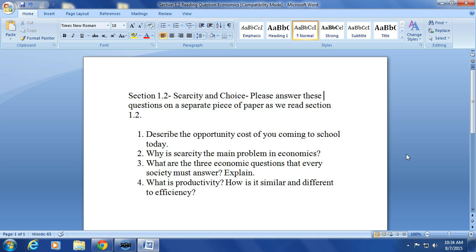Let me give you a real life example. When I was maybe 19 or 20 years old, I decided to whitewater raft down the Colorado River. Totally fun, but it created a scenario in which I figured out opportunity cost very fast.